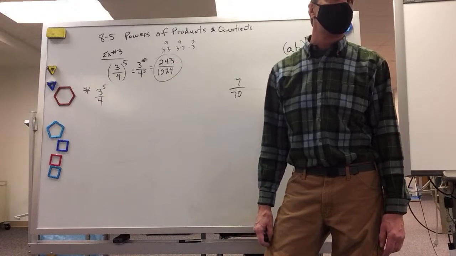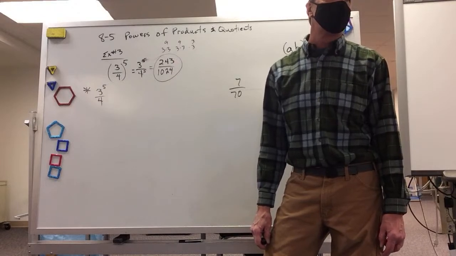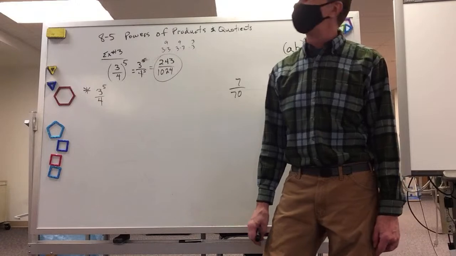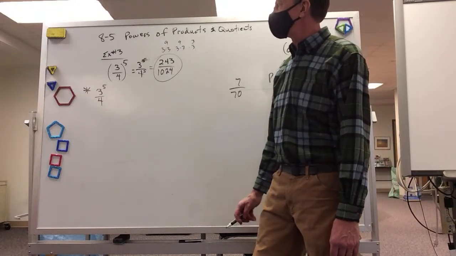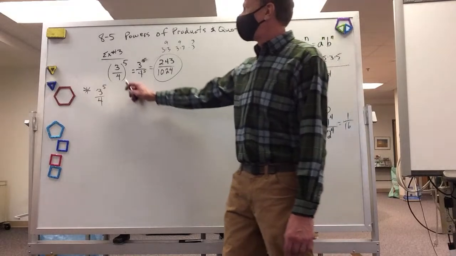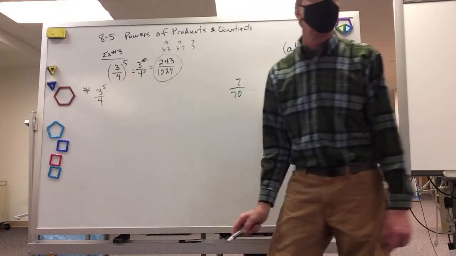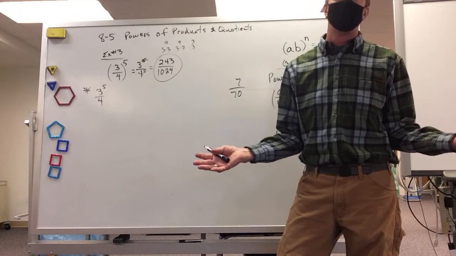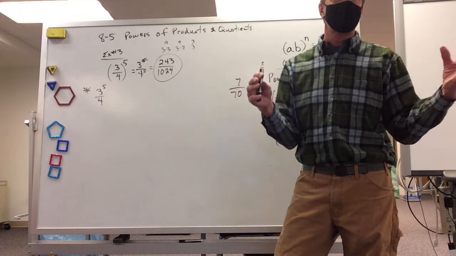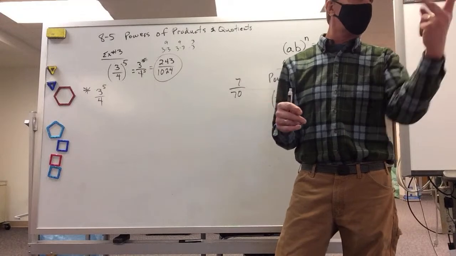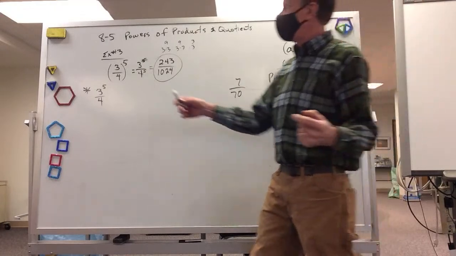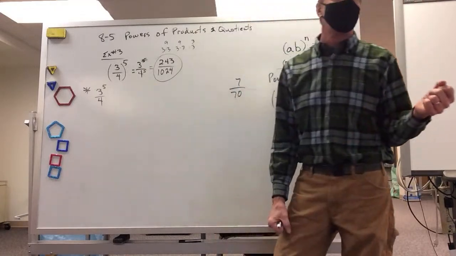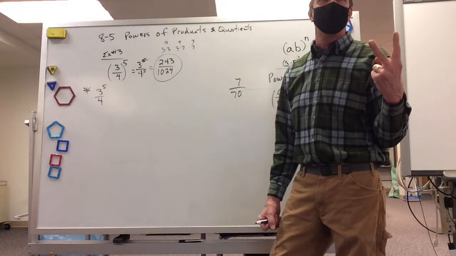You don't have a common denominator. What are the factors of 3? 3, 6. Those are multiples. Factors? 3 and 1. What are the factors of 4? Just 2, yeah.